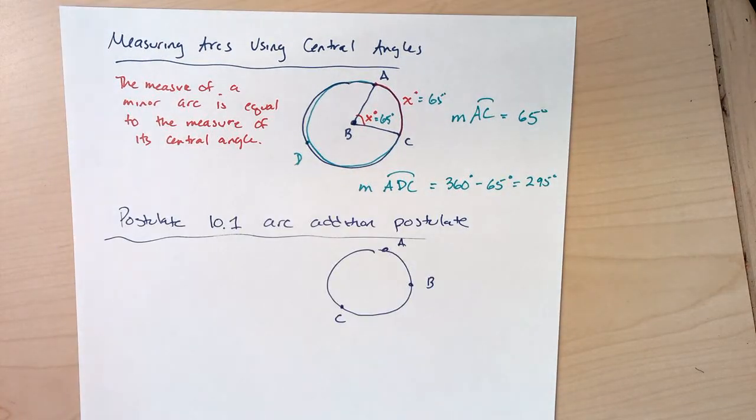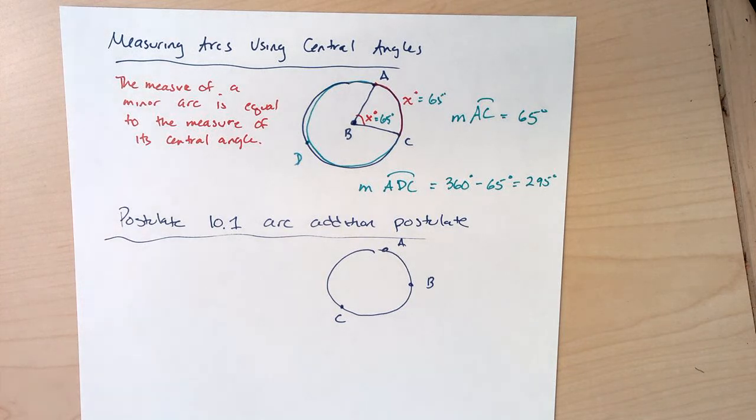And to discuss a postulate, the arc addition postulate is along the same lines as, if you remember, the segment addition postulate and the angle addition postulate. The way that I stated those is, the sum of the parts is equal to the whole.